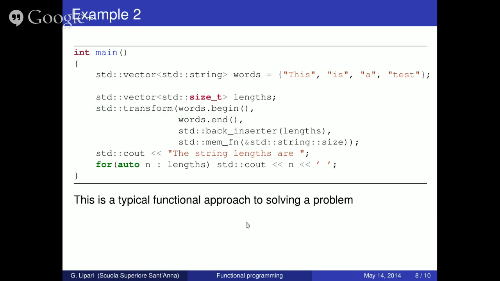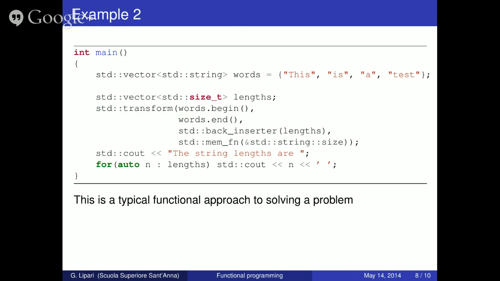Okay, so this is a typical functional approach to solving a very simple problem like computing lengths. Of course, we are more accustomed to using the standard for cycle, right? I mean, if you have to do this, you would write a for cycle which just prints all the lengths of every single word in the vector.